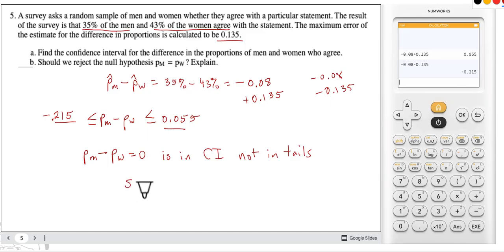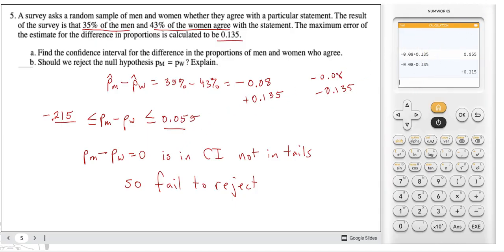So we fail to reject. Okay. Again, this is my explanation, it's good enough. Okay, so looking at confidence intervals, we can think about how it relates to a hypothesis test.